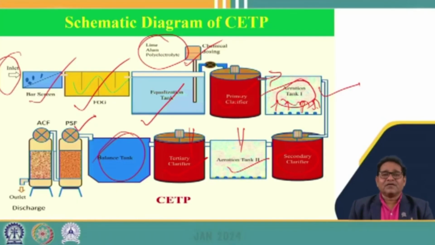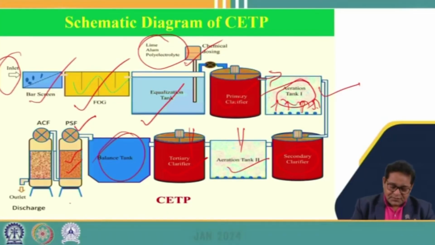So these pressure sand filters are used for removal of very fine colloidal impurities which could not be removed in the earlier processes. There is a layer of sand and gravel, which helps in removal of biological impurities, bacteria, and any other contaminants present in the wastewater.